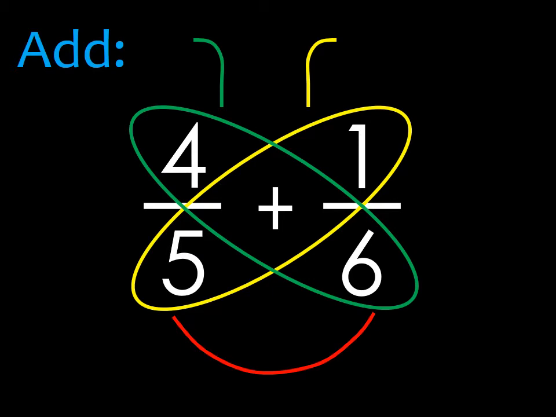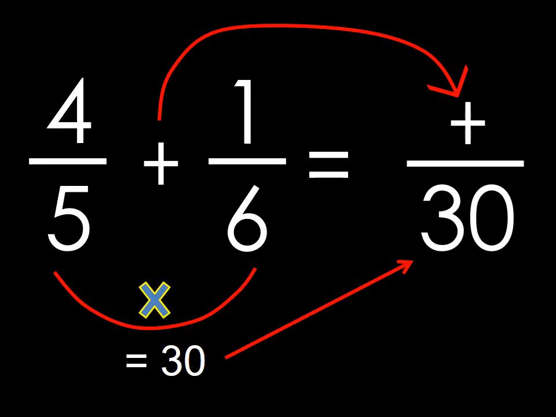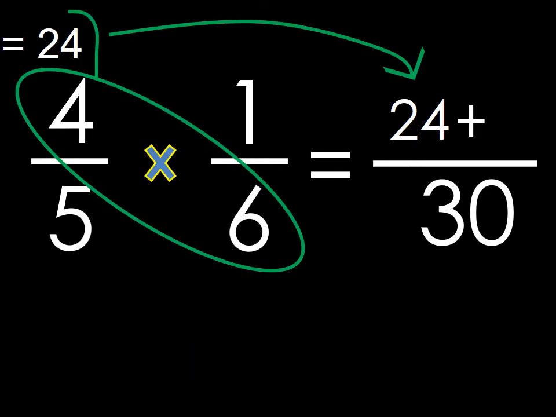Isa-isahin natin. Let's say our given is 4 over 5 plus 1 over 6. First step is to multiply the denominators. So, 5 times 6 is equal to 30. So, that will be our denominator. Next, copy the operation. Ayan, nagka-plus sa taas. Next step, let's do the green part.